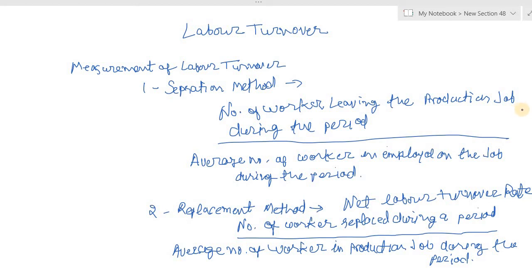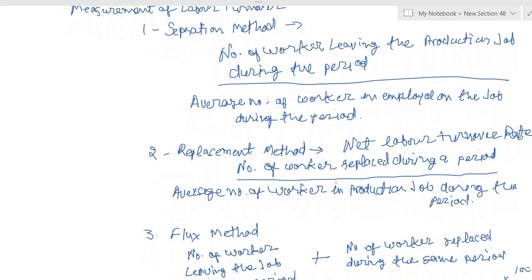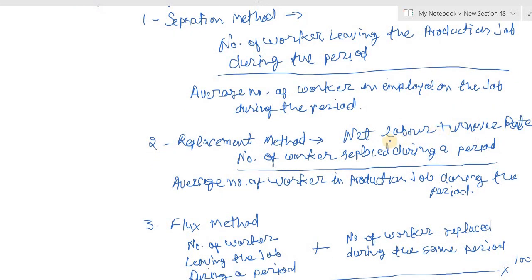Okay, this is the separation method's formula, and the second method we discussed is the replacement method. It is also called net labor turnover rate. Okay, and the formula is the number of workers replaced during a period upon average number of workers in the production job during the period.